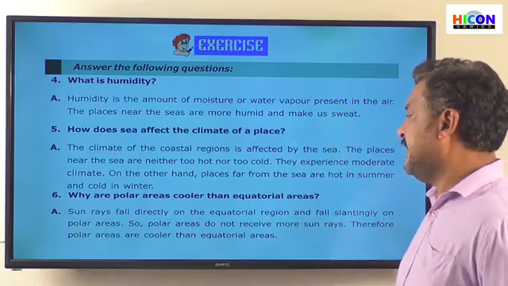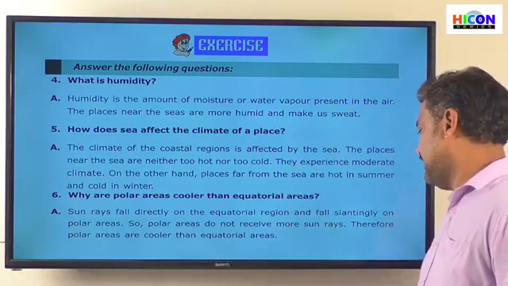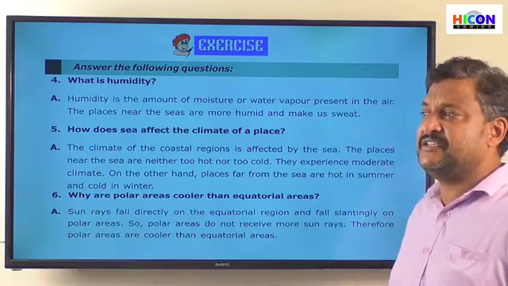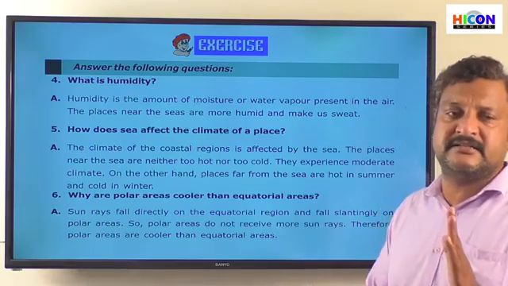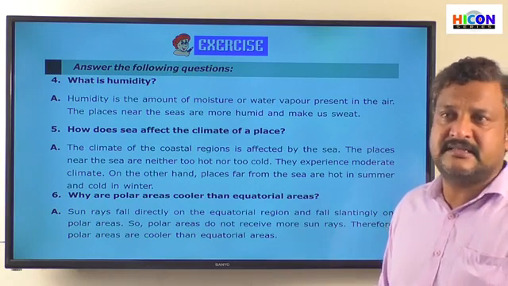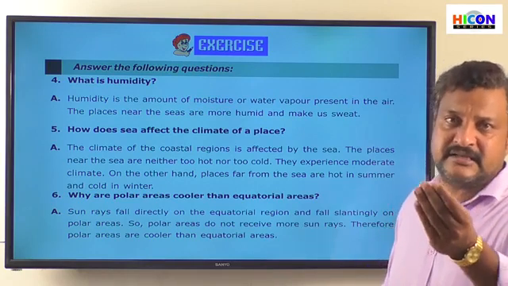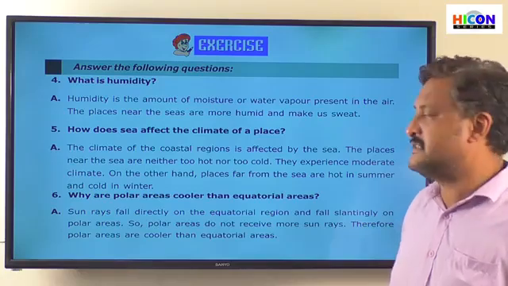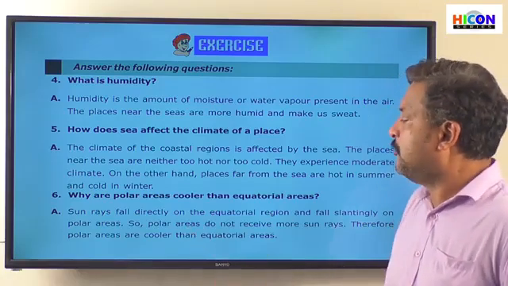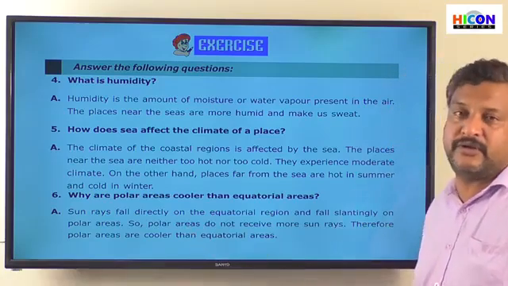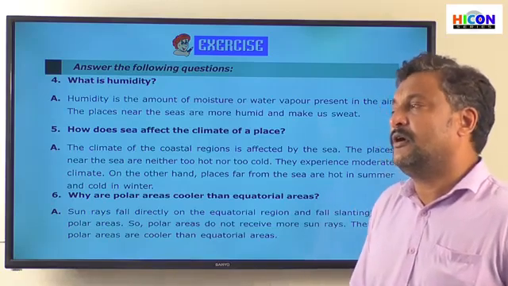So, polar areas do not receive more sun rays. Because of this, the polar areas don't receive high sun rays. They receive very light sun rays. Therefore, polar regions are cooler than equatorial regions.